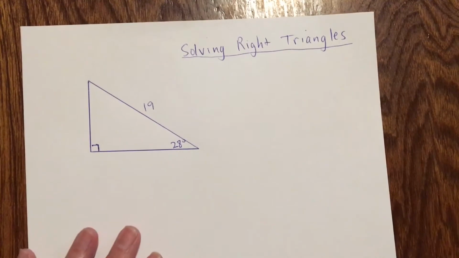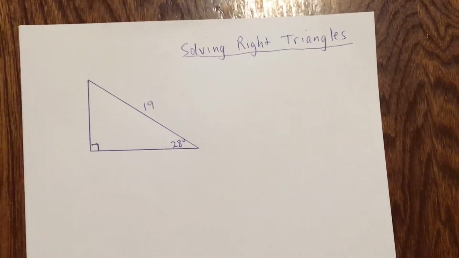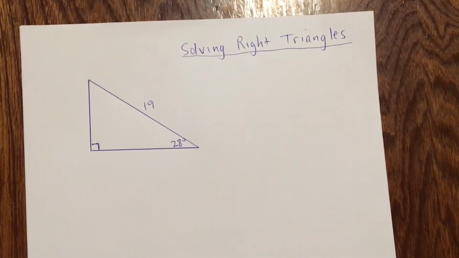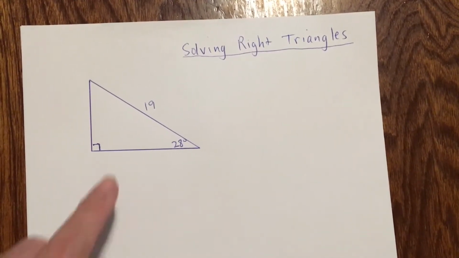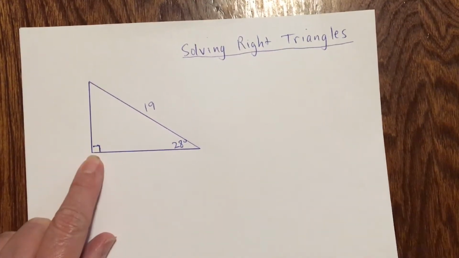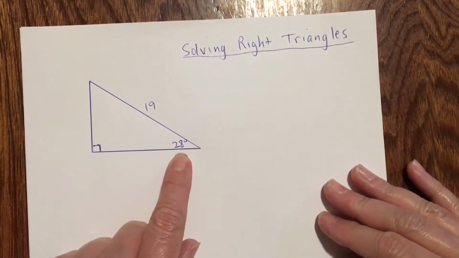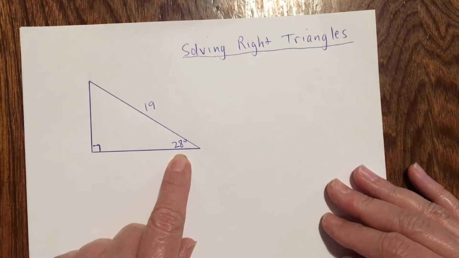As I'm looking at this right triangle, I'm seeing that the hypotenuse is 19. The right angle is always across from the hypotenuse. It's 90 degrees. And they gave me this angle that's 28 degrees.